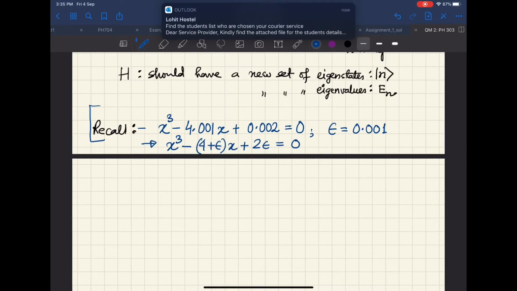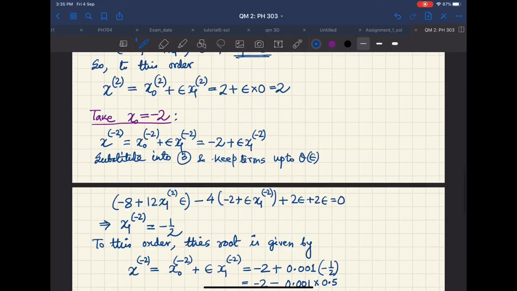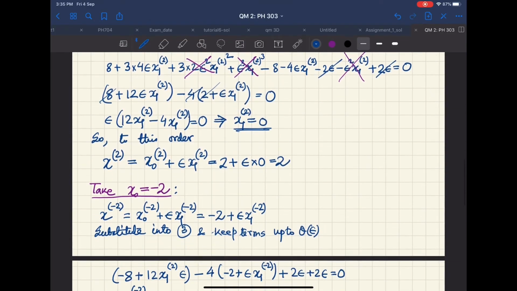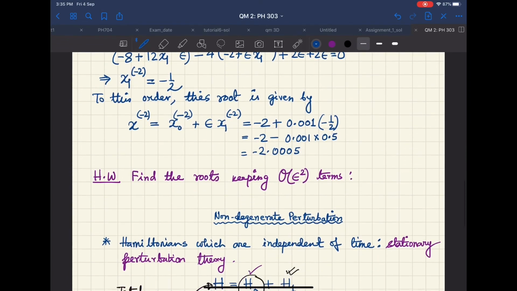Then we had figured out perturbatively, or iteratively, what the root should be. If you remember, we had figured this out in the previous class. One of the roots came out to be minus 2.0005. It's extremely small, still it is not the same root as you would obtain if your epsilon was 0.